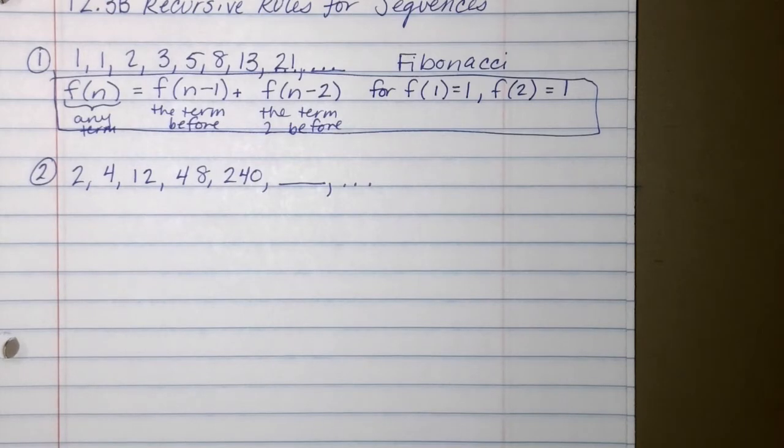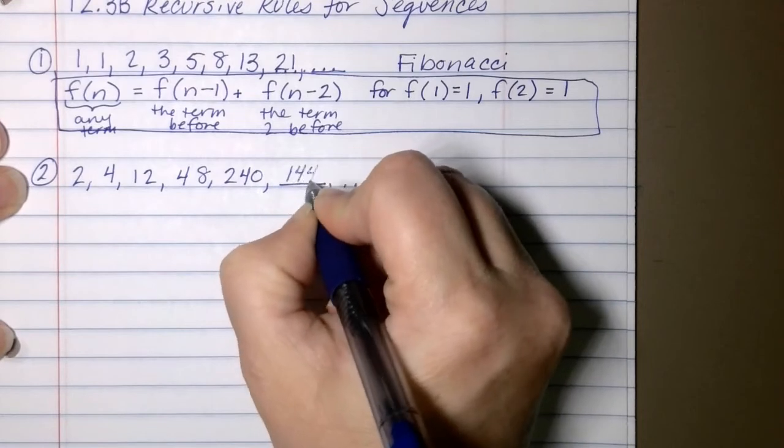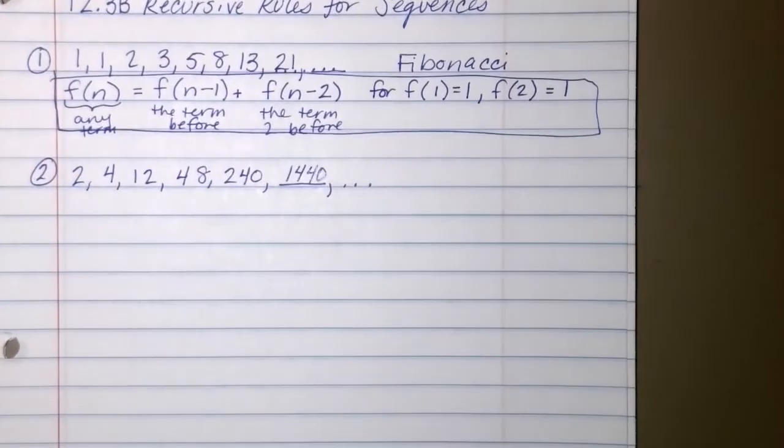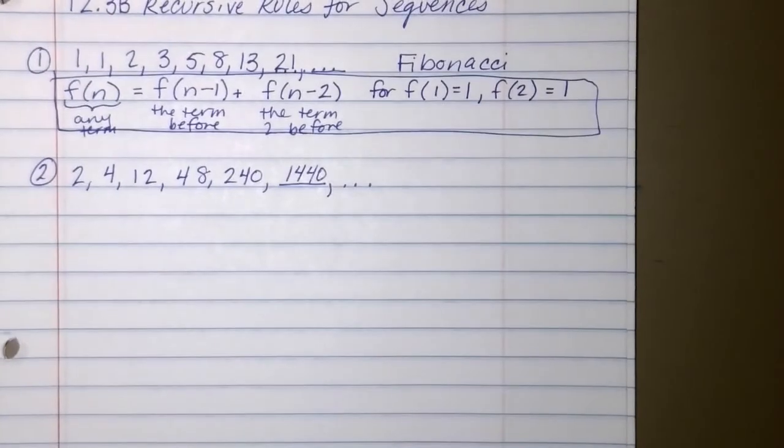They're hiding. Here, you can use mine. We'll clear the answer first. 1,240. Okay. $1,440 is the next one. Okay. Now that we have the next term, can you describe what's going on? How did you get that next term?